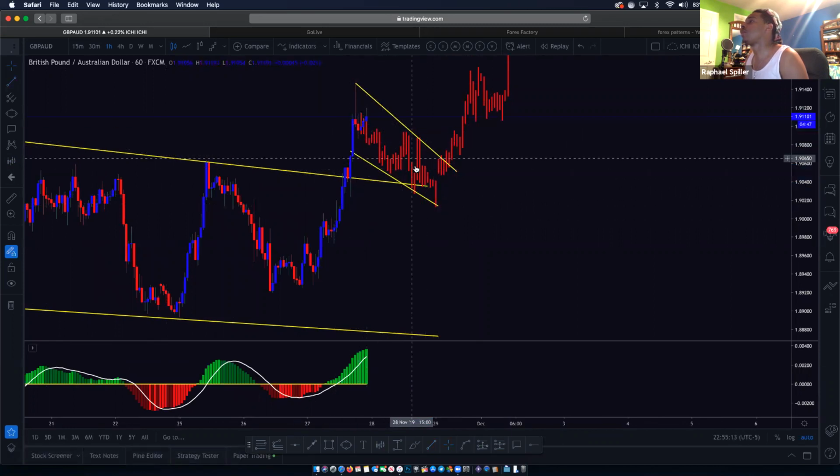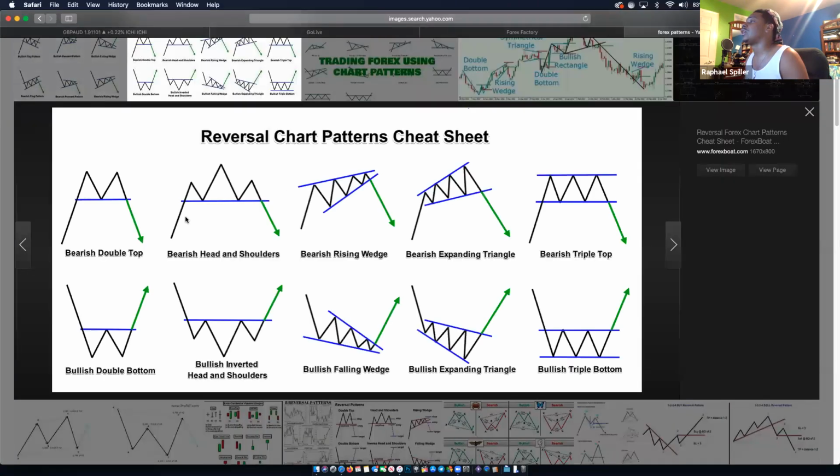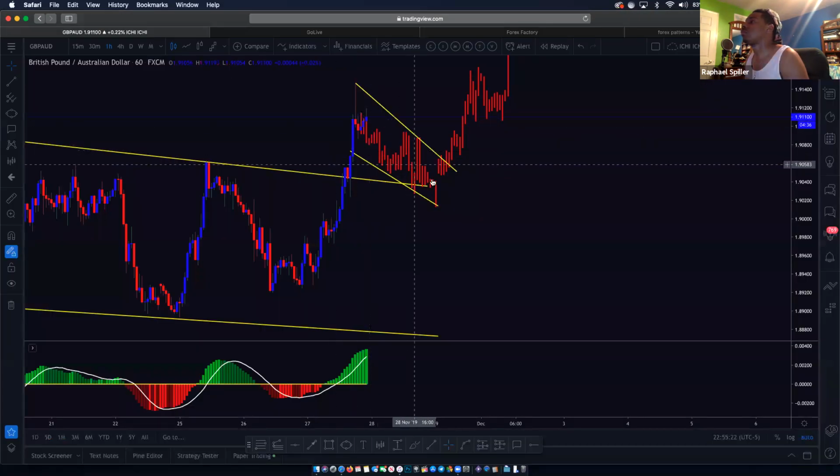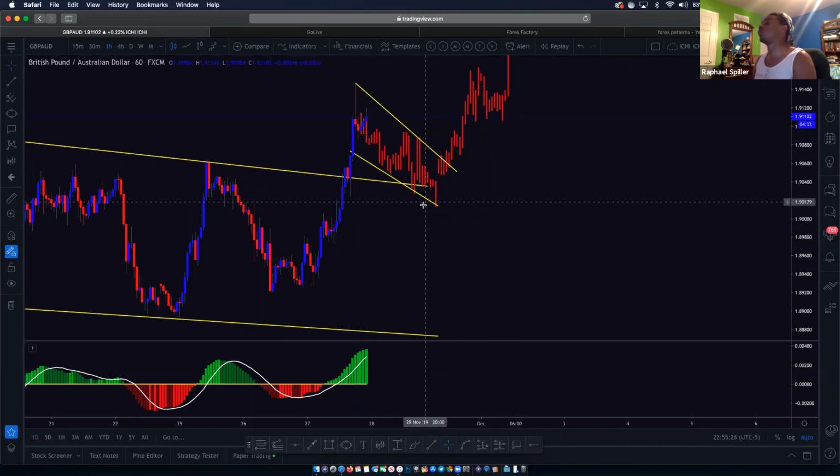This move right here is literally the exact same move right here. It's the exact same one. Bullish flag pattern. We're expecting a form of consolidation before a shoot up. That's what we're expecting off GBP/AUD right now. So wait for a form of consolidation, wait for a flag, and then enter for your buy.